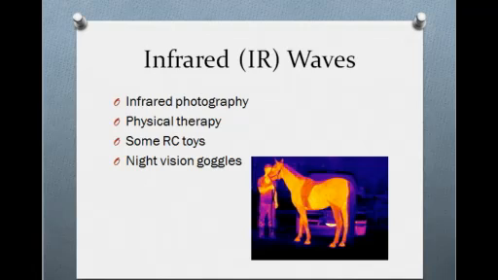Next is infrared waves, or IR waves. IR waves are used in infrared photography, physical therapy, some remote control toys, and of course night vision goggles. This is an image of a person and their horse, and since living things emit more heat generally than non-living things, you can see the horse and the person much better than everything else in the background.